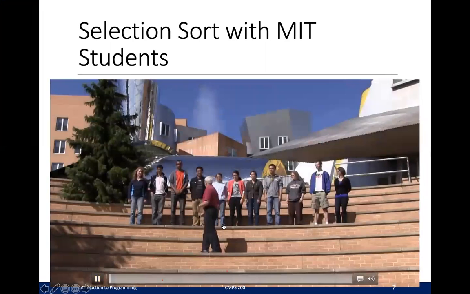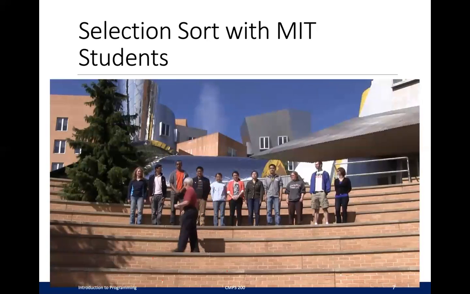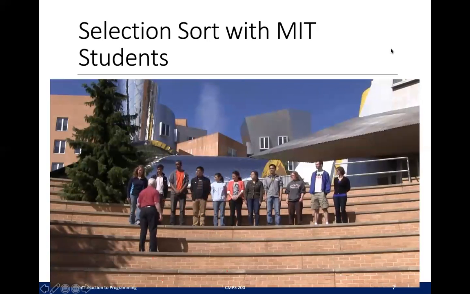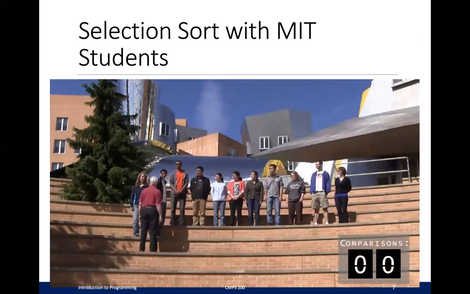All right, so now we're going to do selection sort. The idea here is at each step, we're going to select the shortest person and put them next in line of the sorted group. So we'll bring the leftmost person forward, and we will compare her to everybody else. One at a time, step forward. You're still the winner.